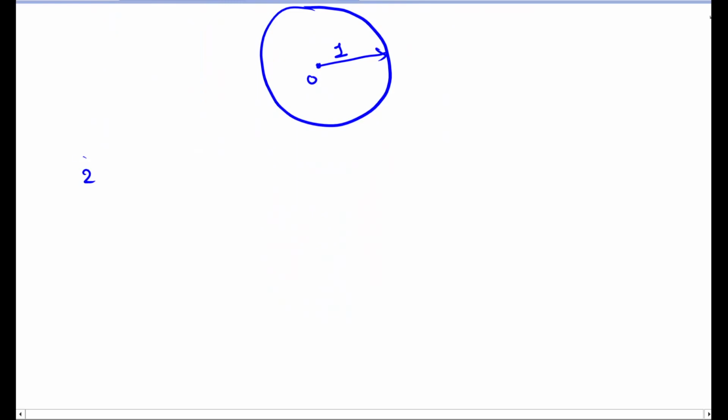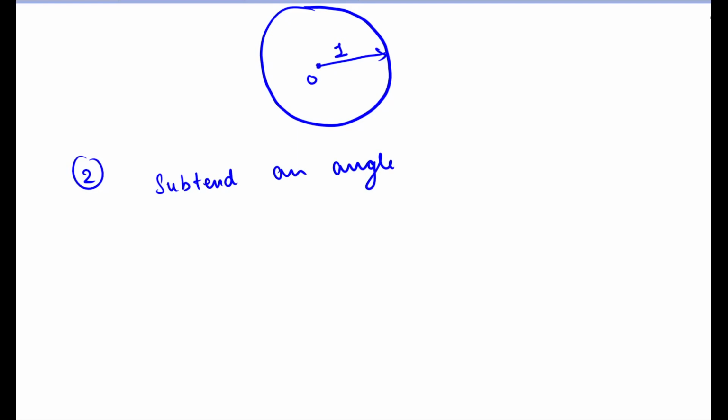Now second, we subtend an angle by an arc length of 1 unit.